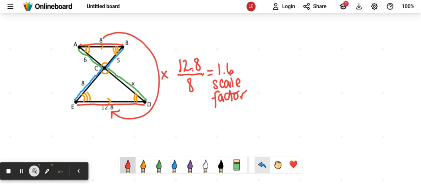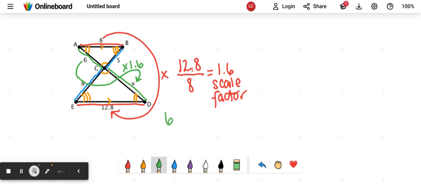That's my scale factor. I can use that scale factor now to calculate any missing side I would like. So let's look at the corresponding green side. I'm going to draw a little arrow that shows that my X side is also 1.6 times bigger than its corresponding side, which measured 6.